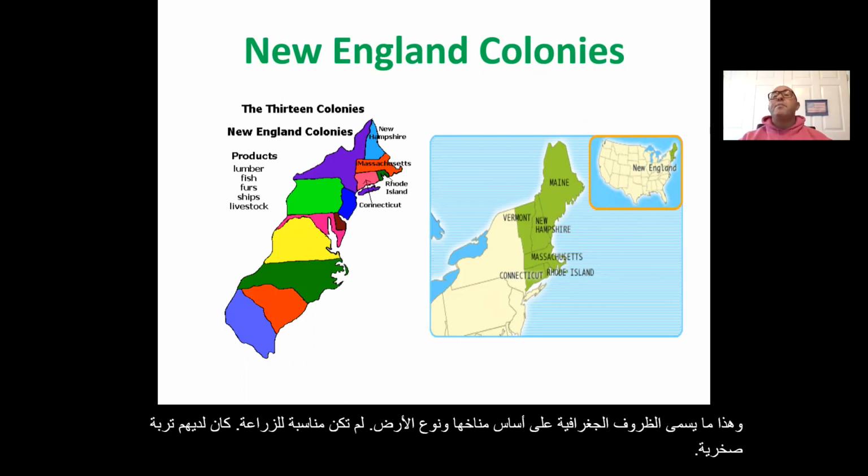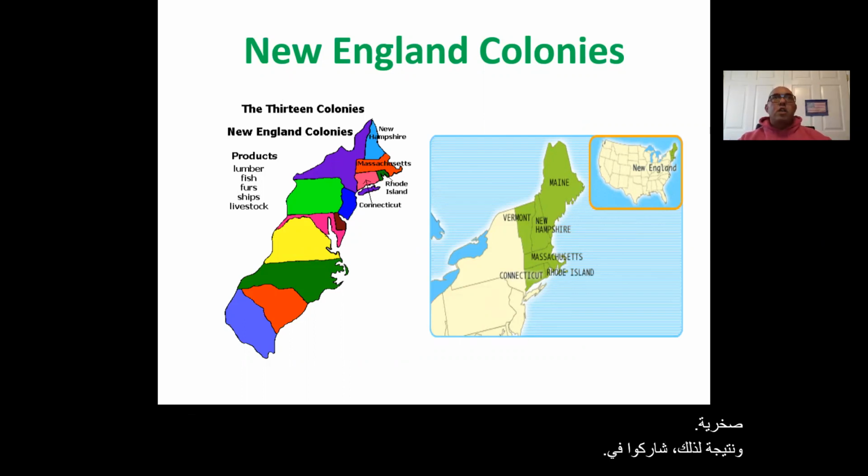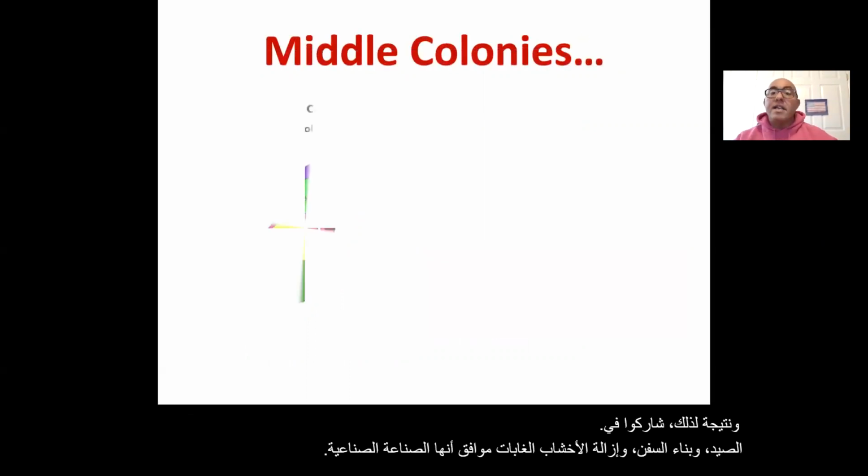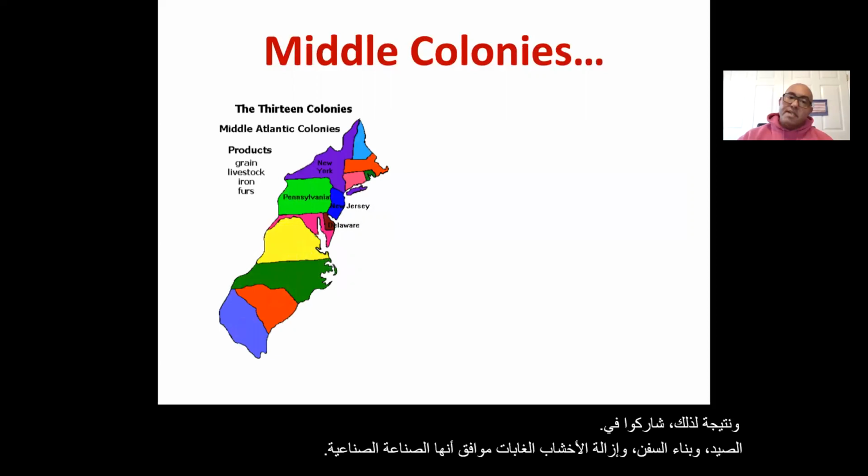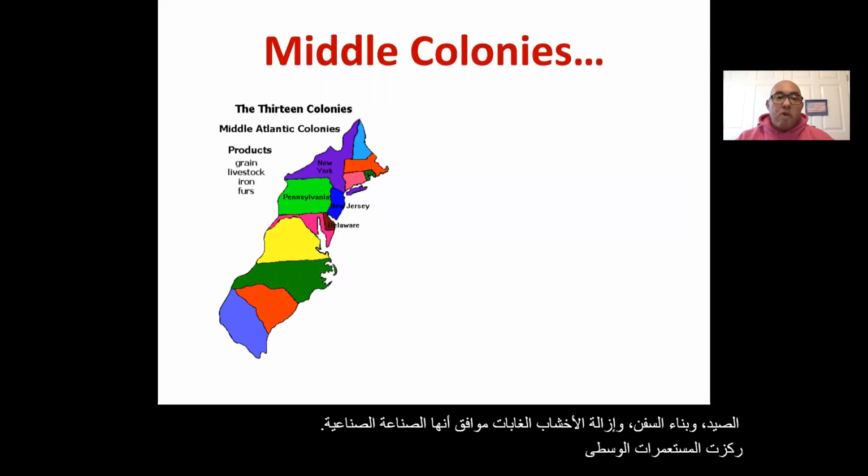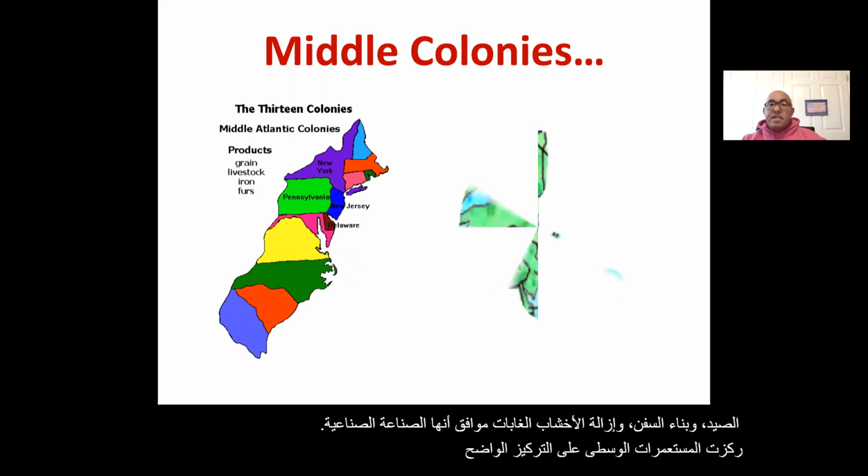As a result, they participated in fishing, shipbuilding, the removal of forest, timber, okay? Industry, manufacturing. The middle colonies obviously focused on industry, manufacturing, wheat, and bread production.